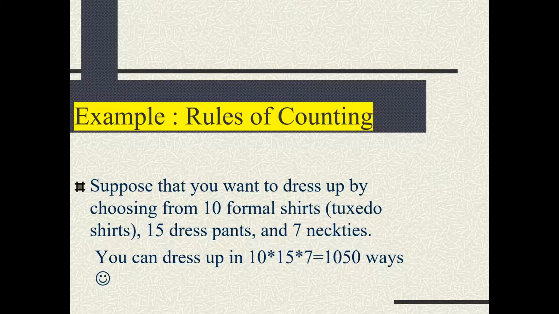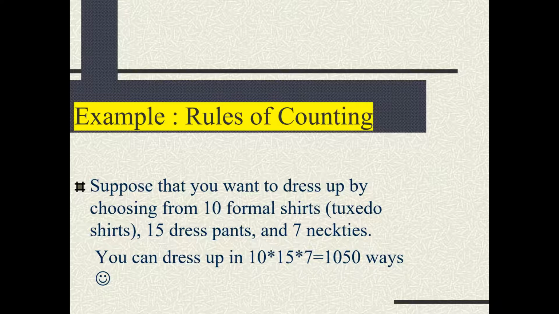Note that here I am assuming that we are not sensitive about the combination of a particular shirt with a particular pant or a necktie. So we are assuming that any shirt could go with any dress pant or any necktie. Let's say this is the hypothesis. In this scenario, selection of a shirt is independent of the selection of a pant, which is in turn independent of the selection of a necktie.